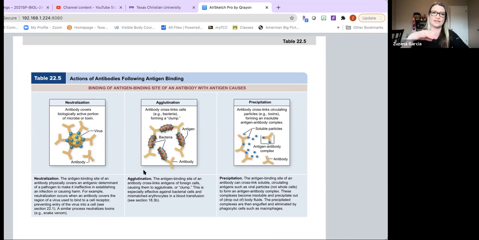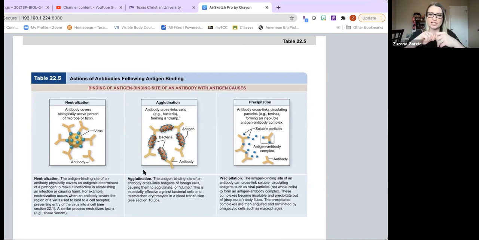So here you see that we're at the top, looking at the function of the antibody and its antigen binding site. If the antigen binding site is involved, then the antibody can cause neutralization.